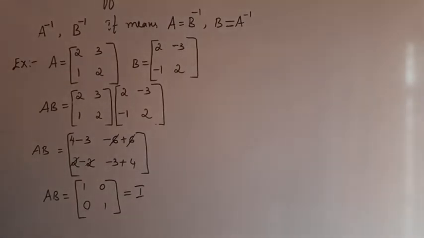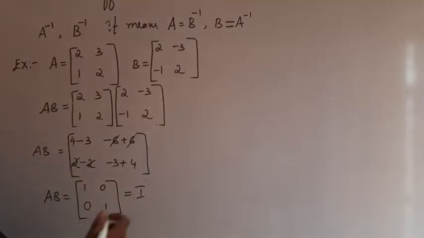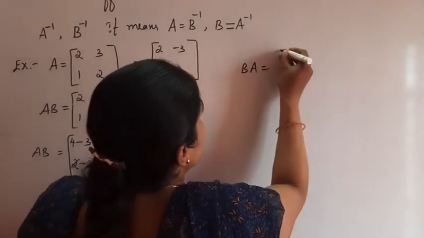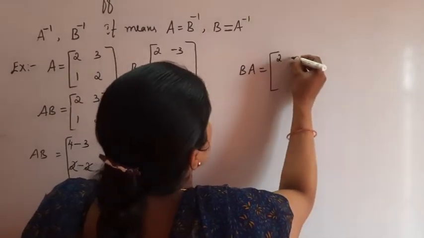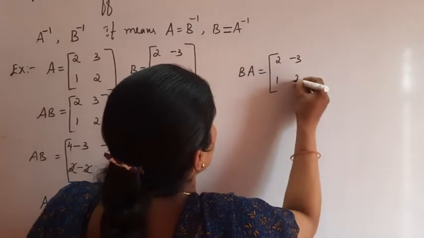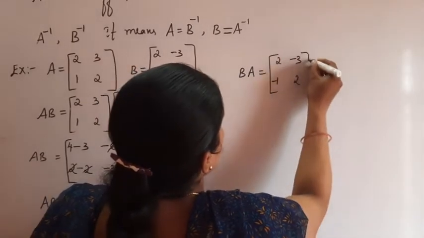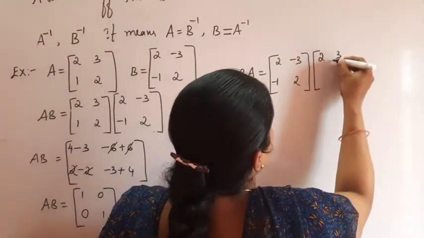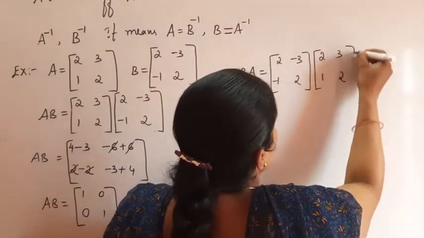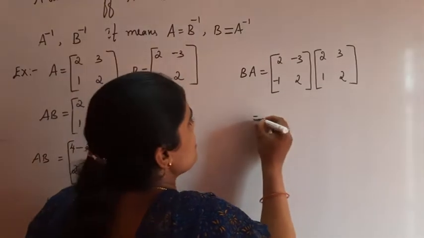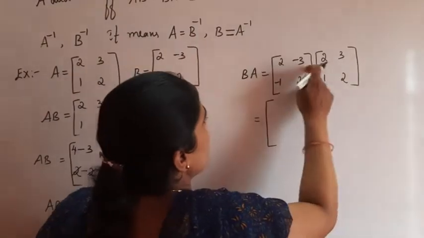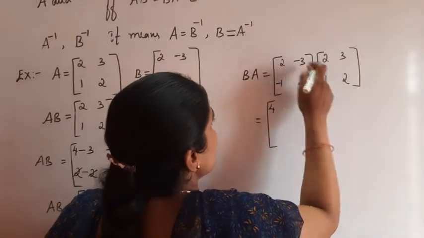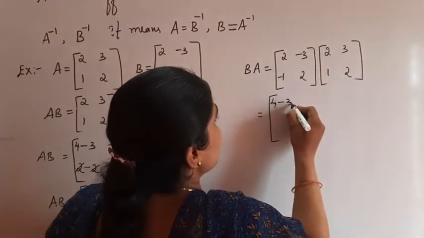Similarly, let us take B into A now. B into A equals matrix B, 2, minus 3, minus 1, 2, into matrix A, 2, 3, 1, 2. Let us multiply these two matrices now. Multiplying row by column, 2 2s are 4, minus into plus is minus, 3 1s are 3.